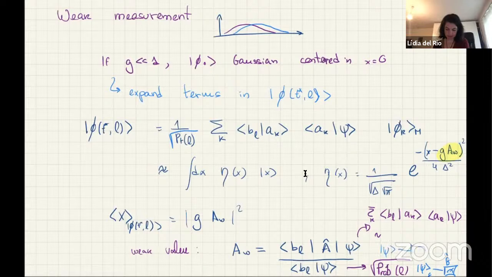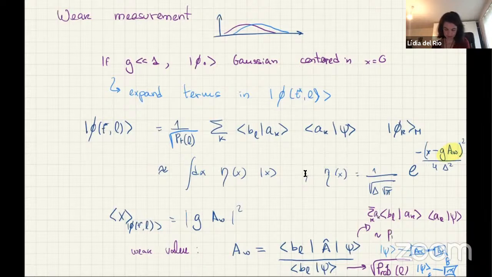I prepared phi, I really measured A, and then I get the post-measurement quantum state, and now on this state, I measure B. Because I'm missing here an AK.